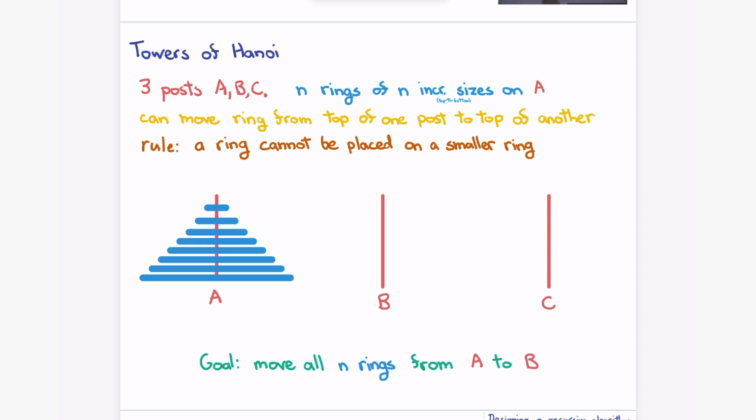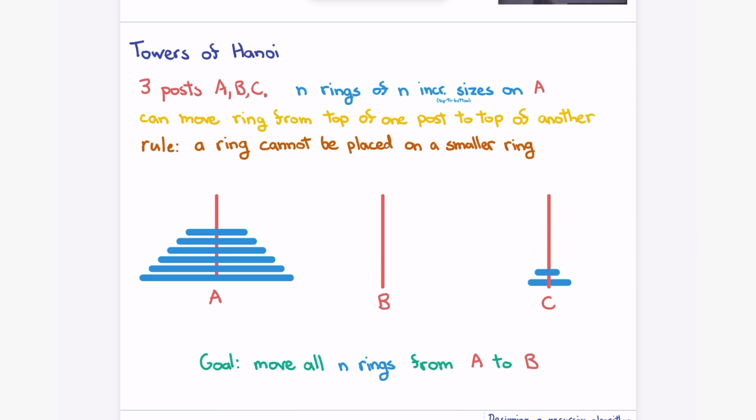What ring should I move first? Well, you have to move the top one, but should I move it to B or C? Either, okay, I'll move it to B. And then I guess you probably want to move the second to top one, and that has to go to C.